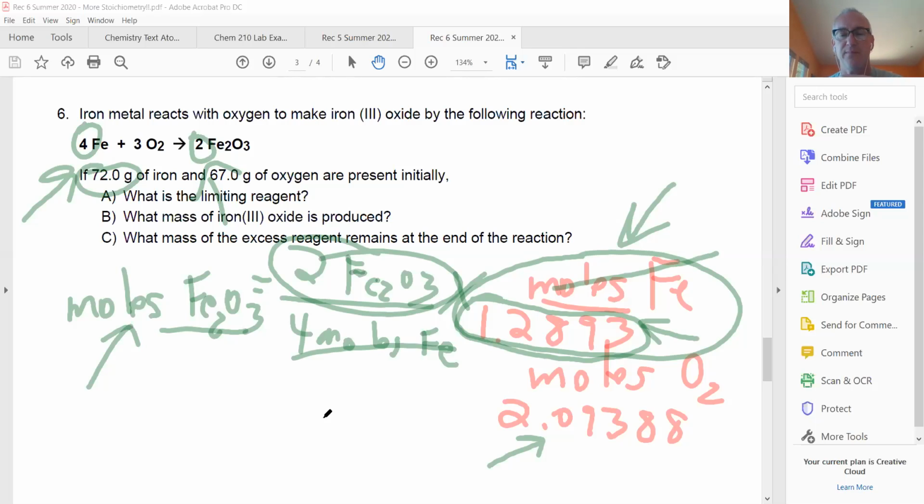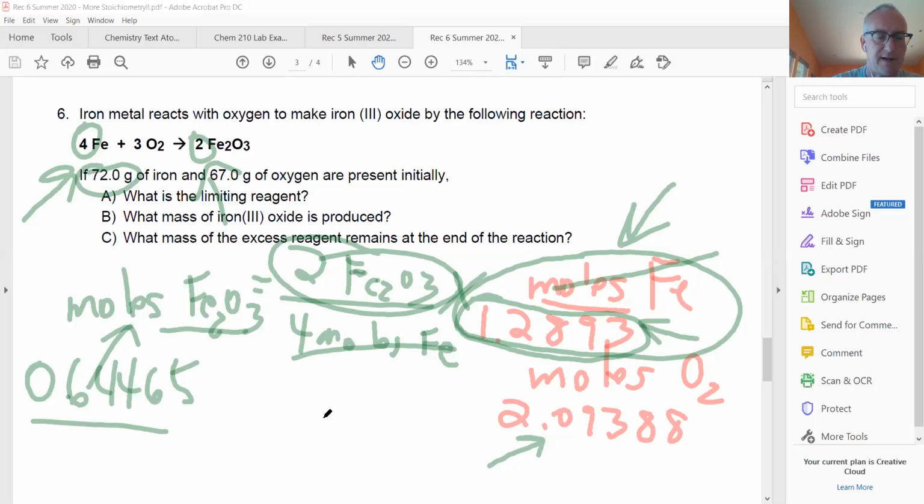It's going to be half of 1.2893. 0.64464. Yeah, 0.64465. So if all of my iron gets converted to product, I get that many moles. So I'm just going to keep track of these numbers because we're going to have to come back to it.